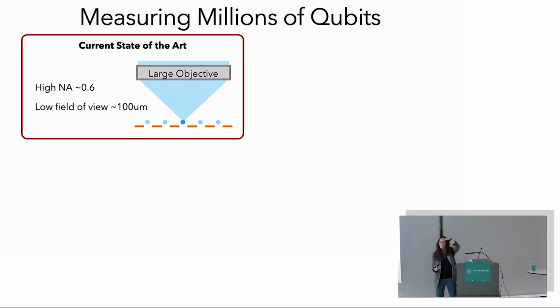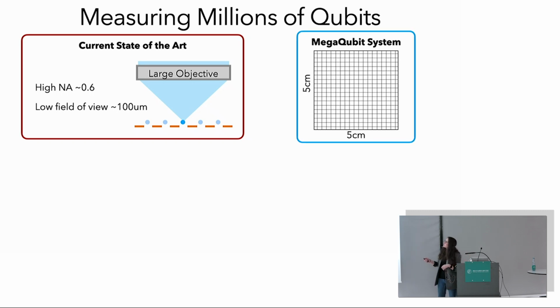Remember, we have to be pretty far away from our ion. So getting a high NA objective is not trivial. And this high NA objective has a low field of view. And there's some inherent trade-off between the numerical aperture and the field of view if you want to keep your optic not ridiculously large.